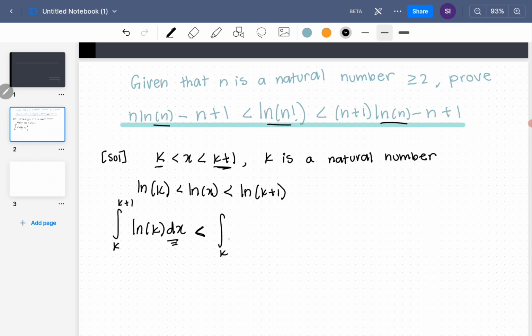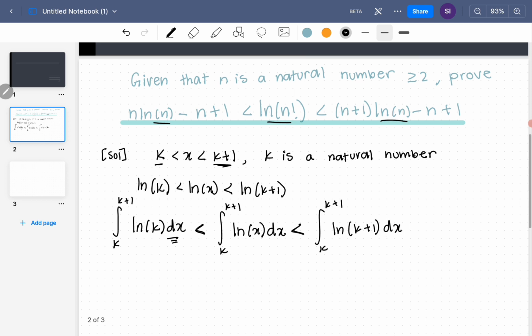And then integration k to k plus 1, natural log of x dx, once again differentiating by x, is less than integration k to k plus 1, natural log of k plus 1 dx, once again differentiating with x.